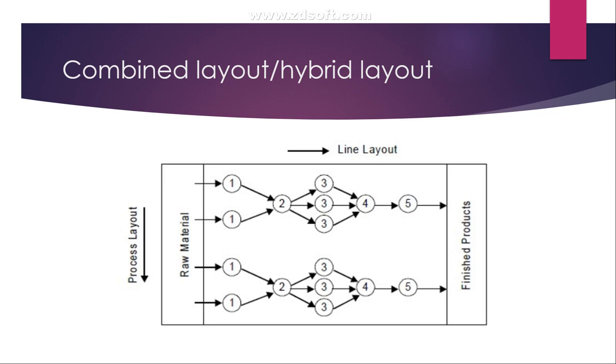So we can see the combination of different layouts in order to produce a better output, or to have economic benefits, or enjoy the advantages of both layouts. This is how the combination of multiple layouts would help achieve better production. So this was all about combined layout or hybrid layout.